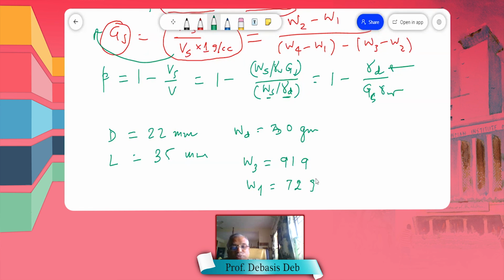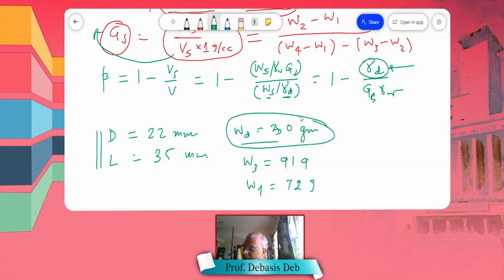So you have to find out first the gamma D, which you will be able to find because you will be able to calculate the volume from here. Weight is given, so this calculation is very easy. Then W3 and W4 are given, and this is basically your W2.